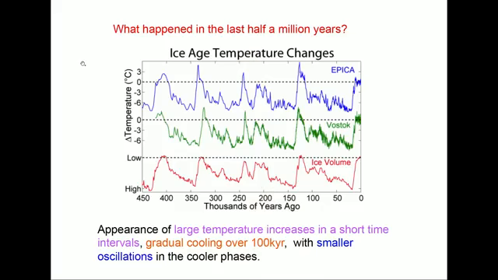Each state is stable, and you can get transitions from one state to another, and that's occurring around about here. So we may have some idea what's going on, but we're not sure completely. But the key thing from this graph is that nature left to itself would be starting to cool down around about now, because we're entering into another full glacial cycle.